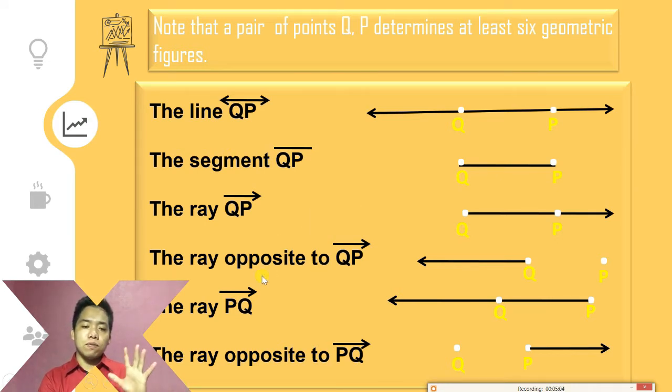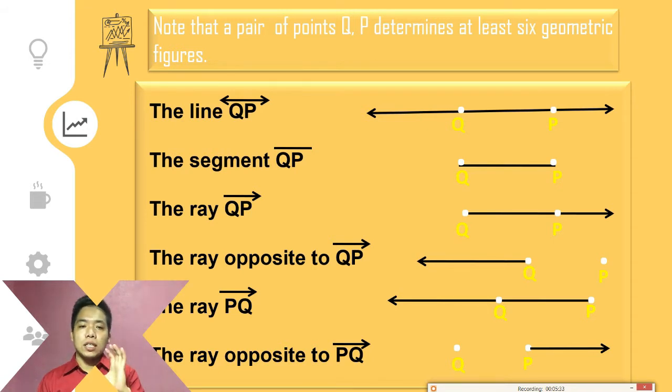Then fifth, the ray PQ, the opposite of QP. The starting point will now be at P, then it extends through Q and left infinitely. So that is the ray PQ. And lastly, the ray opposite to PQ. The starting point is at P but it extends right infinitely.